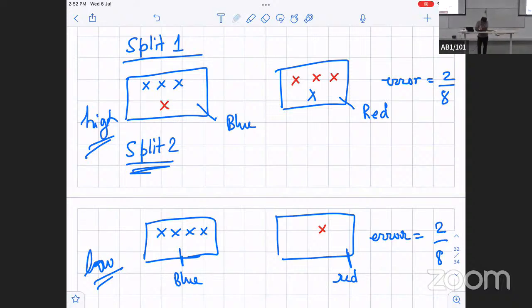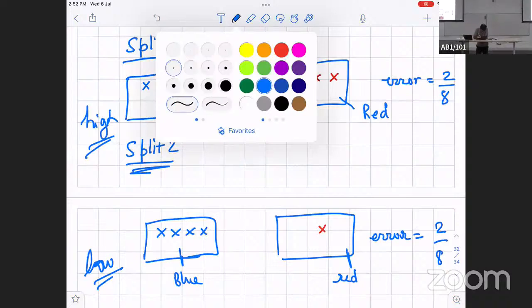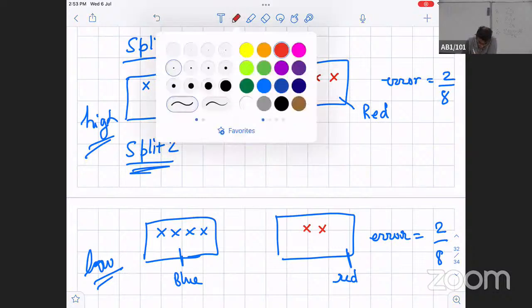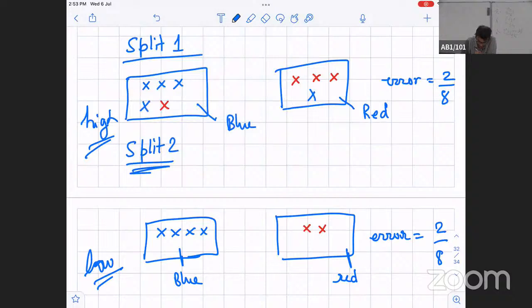Let me see. No, I need to show a pure node. Okay, so maybe I will put one here. I'm just now trying to improvise, but I hope the idea is clear to you. Anyway, it's the instructor's job to somehow fix bad examples.